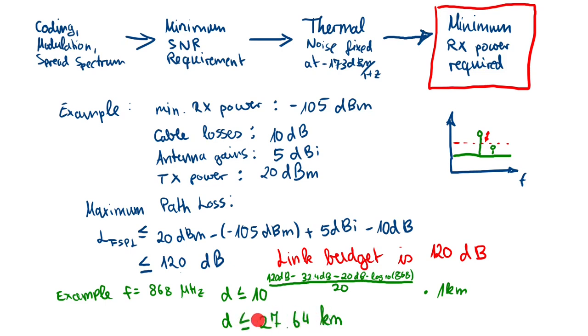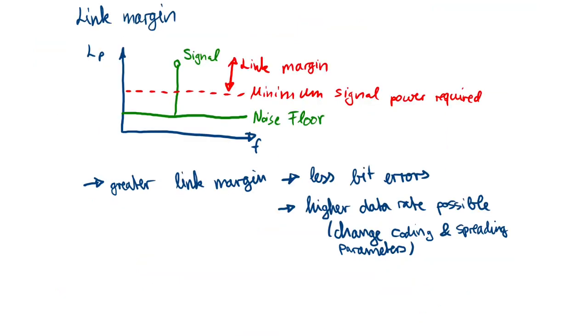For example, a distance of 10 kilometers would be fine. And if you have a distance of 10 kilometers, then the signal power is much stronger than the minimum requirement. And the difference between the current signal power and the minimum required signal power is the link margin.